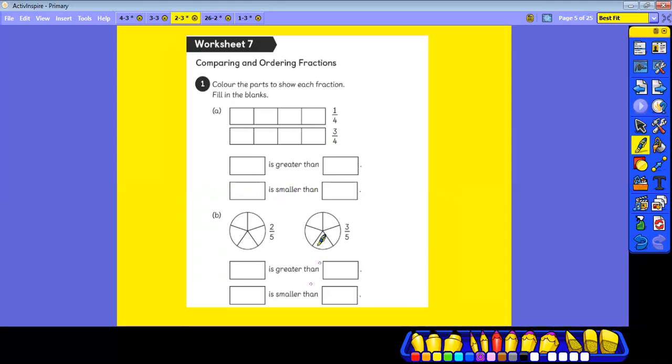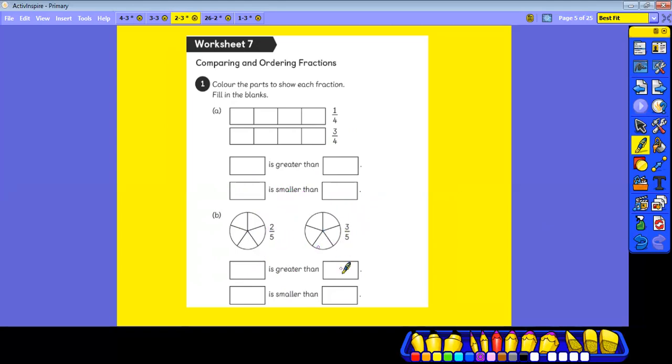And part B, you've got to colour in 2 parts out of 5 and 3 parts out of 5. We call these fifths, 2/5 and 3/5. And you need to colour in 2 here and 3 here and make these sentences make sense.